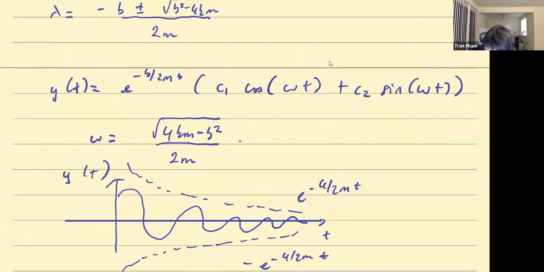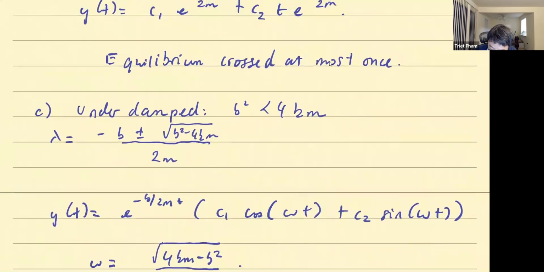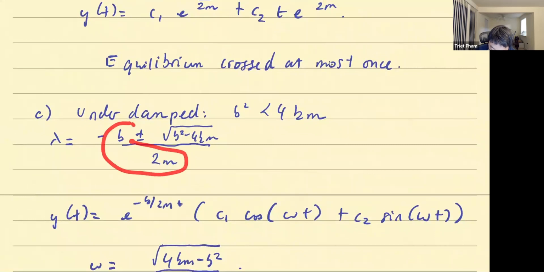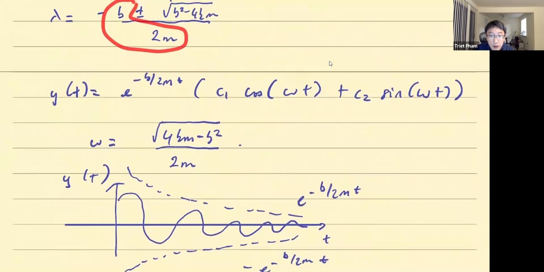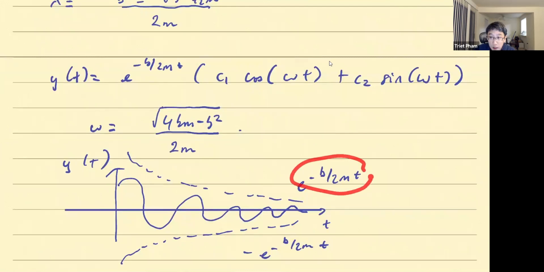B. Sorry. Thank you, Lauren. I can't even read my own handwriting. It's b over 2m times t, b because it's the middle coefficient, right here. Yeah, sorry. So this is the amplitude change, exactly, and this is the frequency constant.